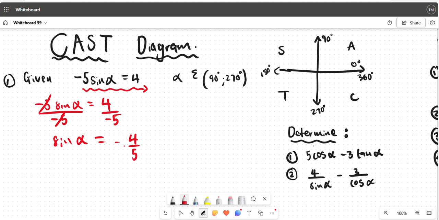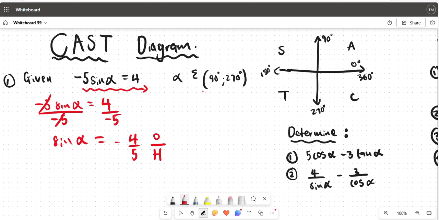As soon as we get that fraction, we remind ourselves what the ratio of sine is. Sine is opposite over hypotenuse. So looking at this fraction, the 4 is the opposite and the 5 is my hypotenuse.